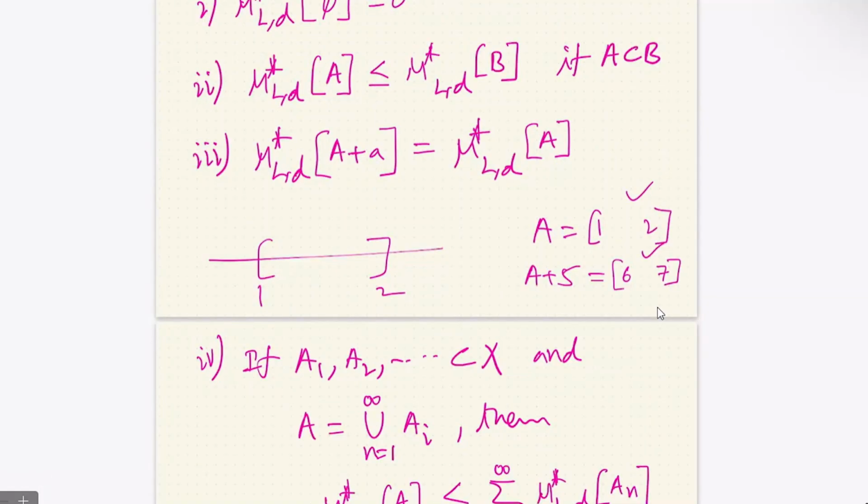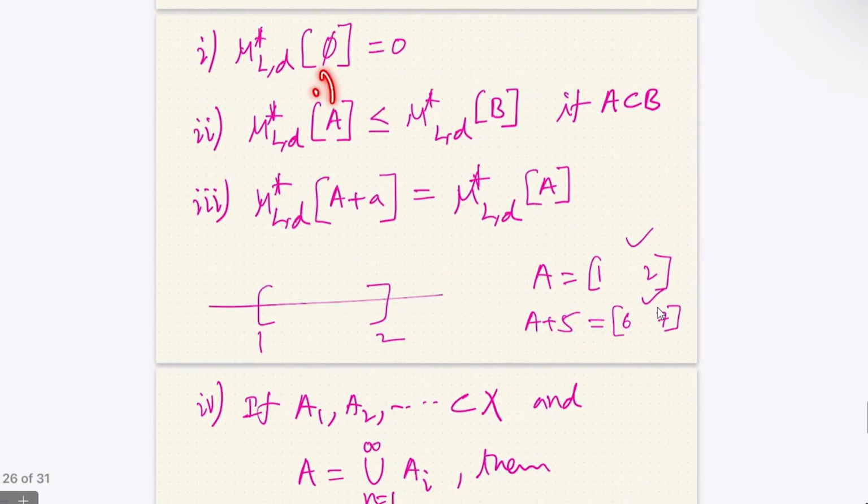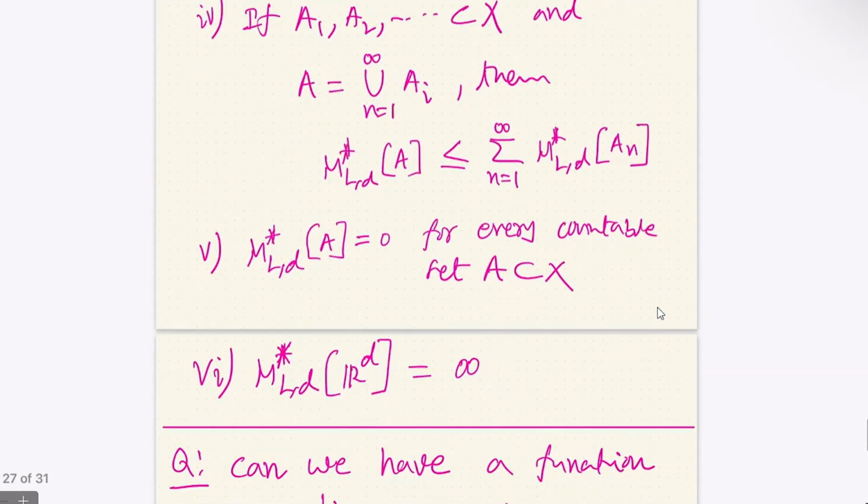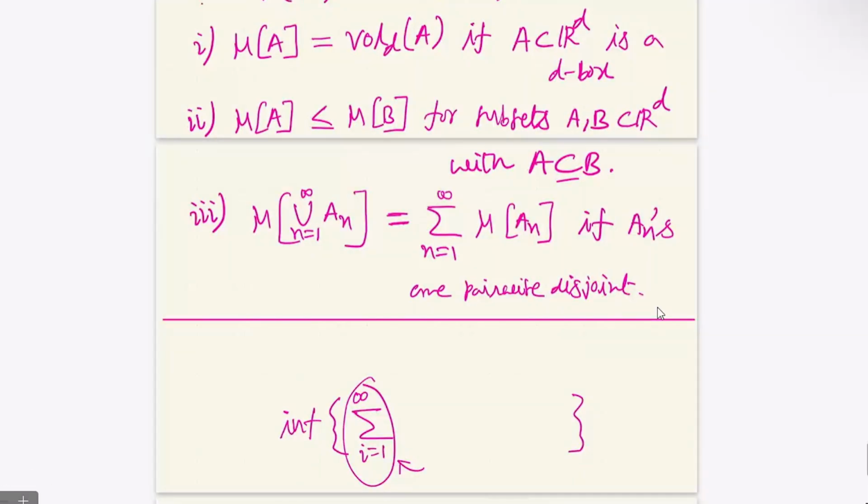To bring those rules, what kind of collection of sets should we choose so that these rules behave well? That is where sigma algebra comes into the picture.